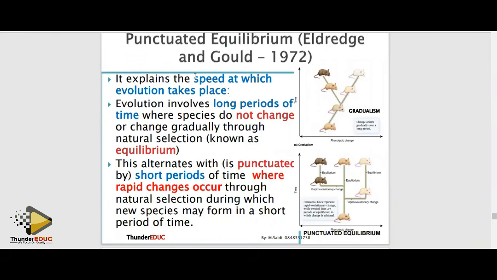This evolution involves long periods of time where the species do not change, alternating with short periods of time where there is rapid change. So basically, long periods of no change and then short periods of species changing.